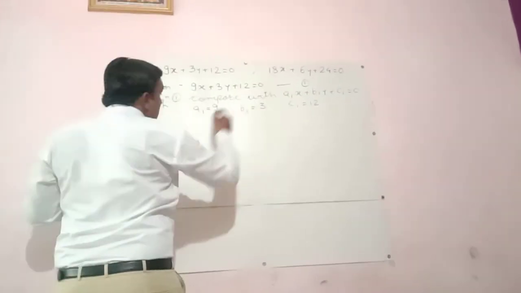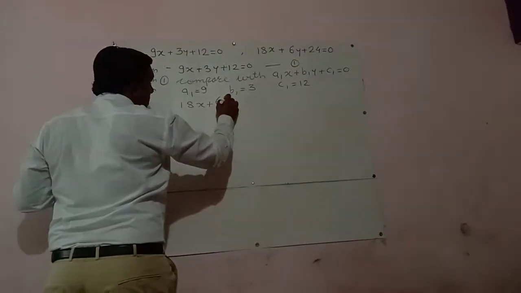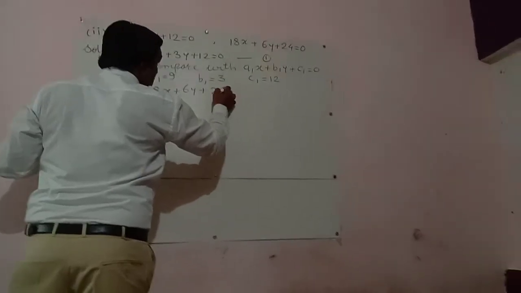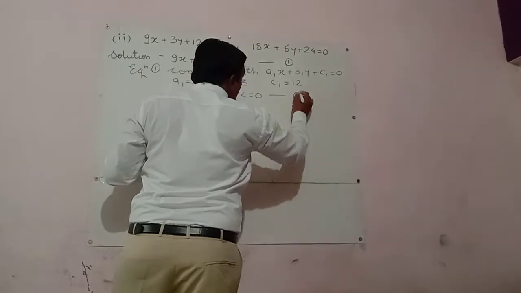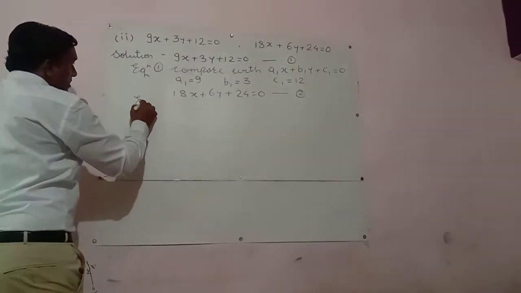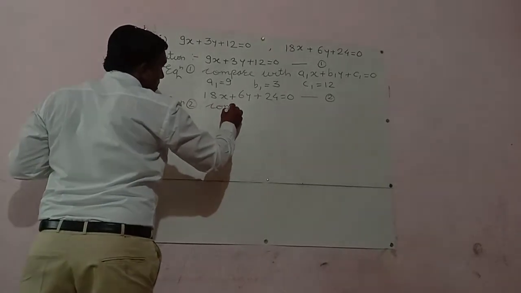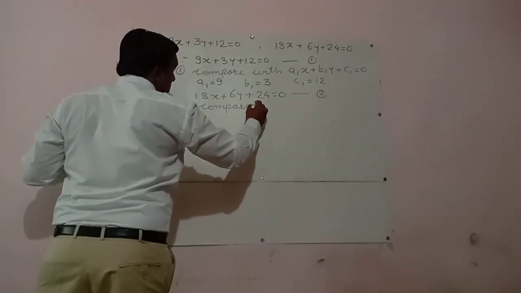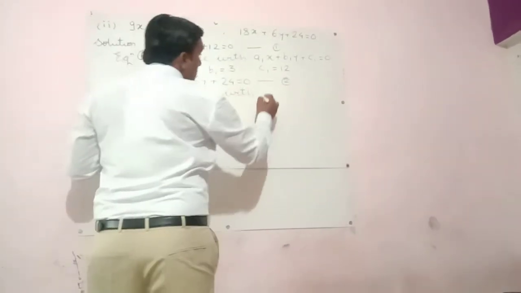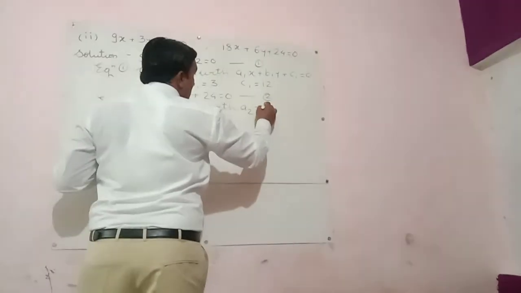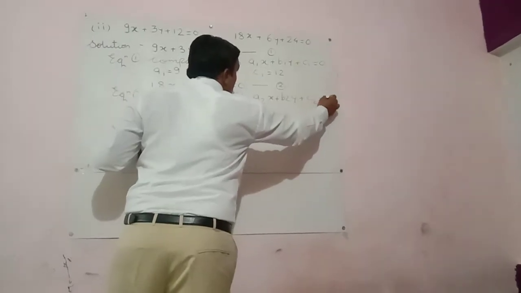Now it is our second equation, that is 18x plus 6y plus 24 equal to 0. Compare equation 2 with a2x plus b2y plus c2 equal to 0.